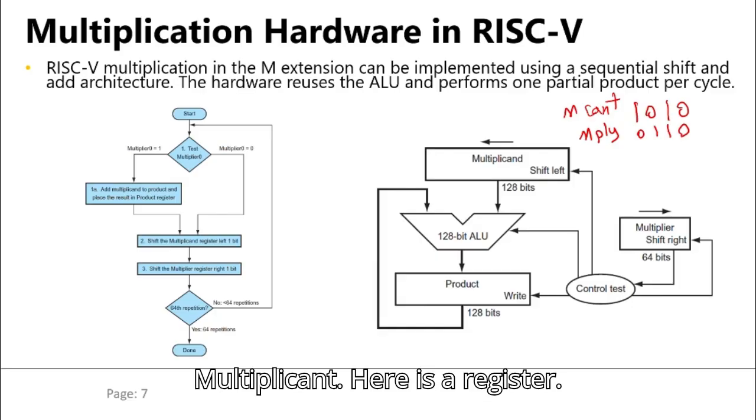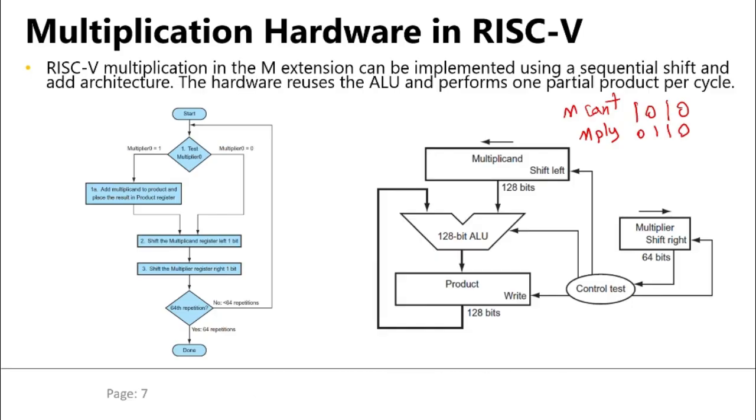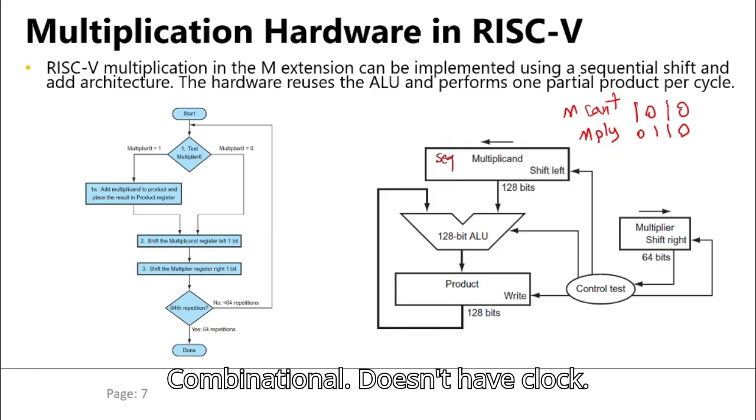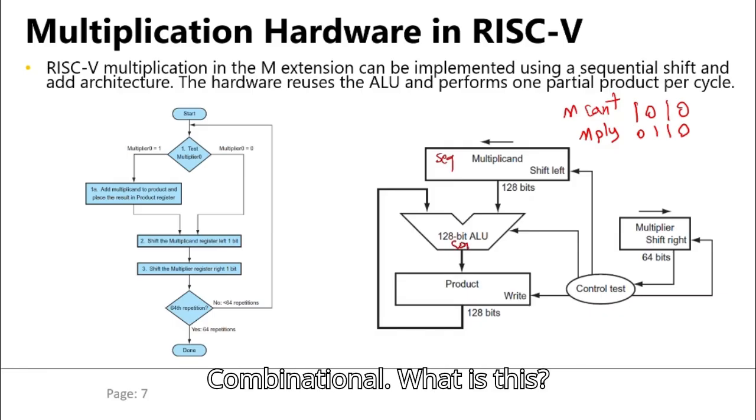Yes, multiplicand here is a register, so this is sequential. The ALU is just an adder. So the adder, is it sequential or combinational? Combinational, it doesn't have a clock.